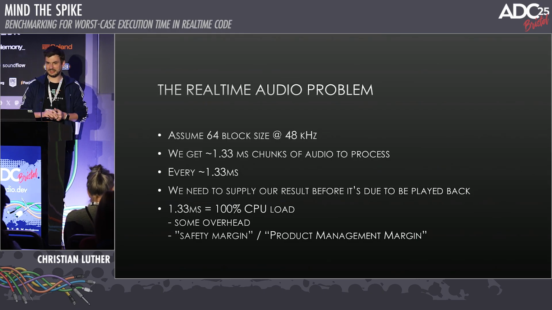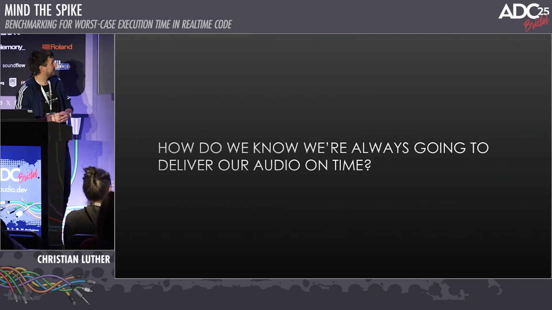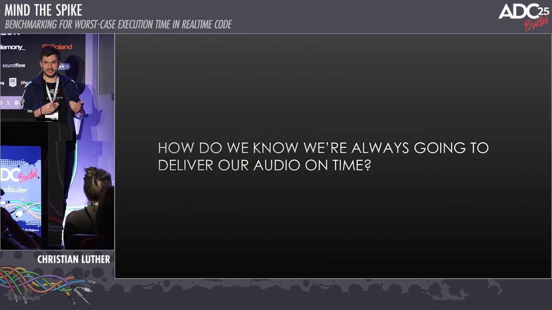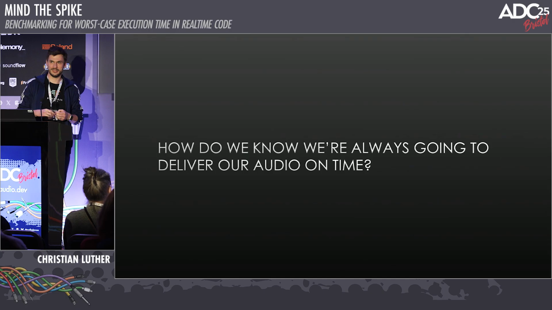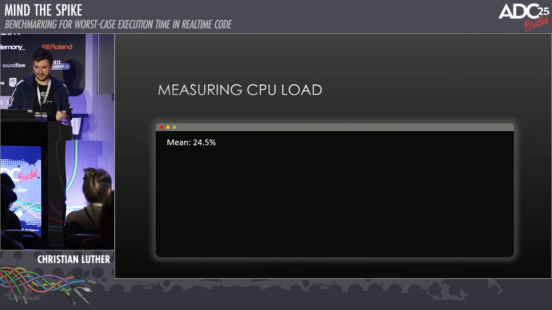But okay, let's go on and try to measure something, with the goal in mind: how do we really know we're always going to deliver the audio on time, and how can we be confident about this?